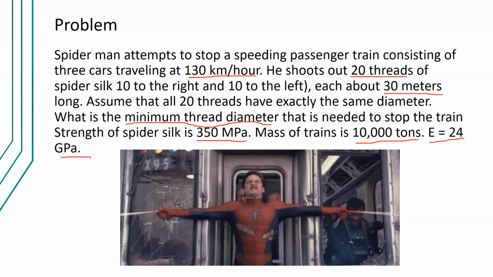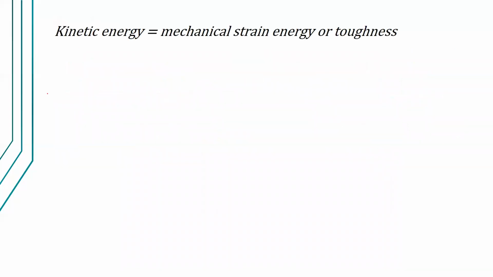So how do we approach this problem? It's simply like this. You need to equate the kinetic energy to the mechanical strain energy or toughness. It's your mechanical energy balance. Yung tren, umaandar, so meron siyang kinetic energy.